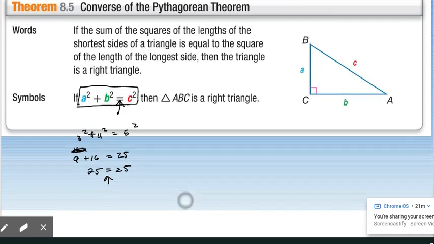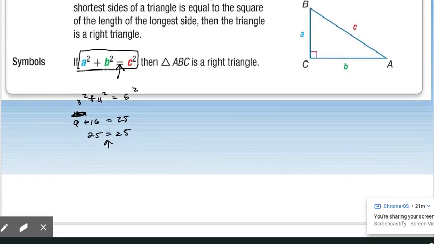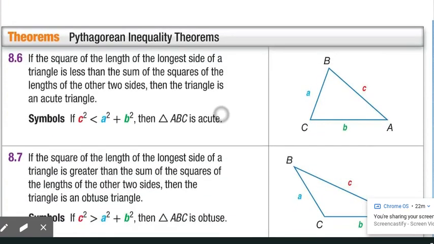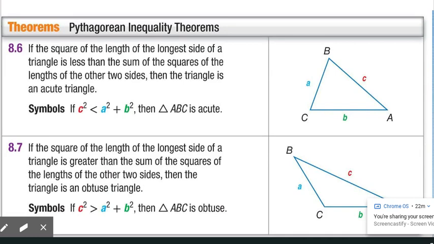However, we can take that a little bit further. I'm going to spin this around, because we're going to end up writing it the other way anyways. We're used to writing a squared plus b squared equals c squared, so I'm going to switch this around to be greater than c squared.